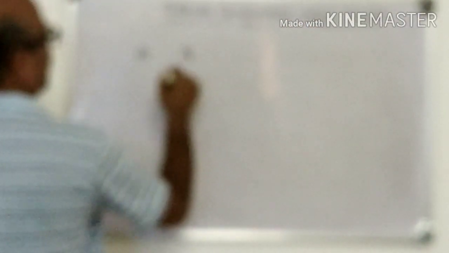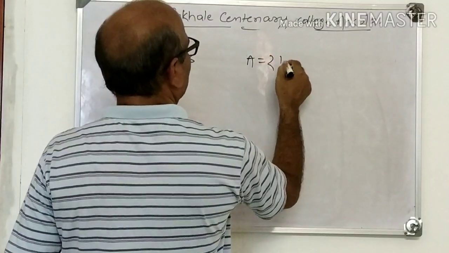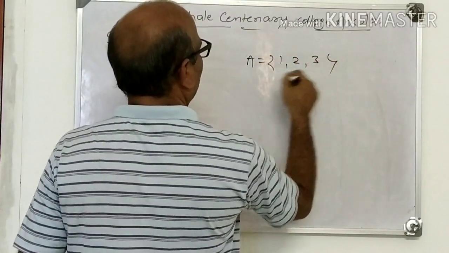Suppose A and B are any two sets, then A is said to be a subset of B if all the elements of A are elements of B. Example: A is, suppose, 1, 2, 3.